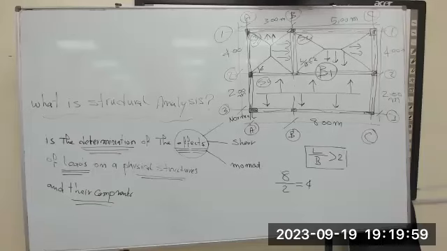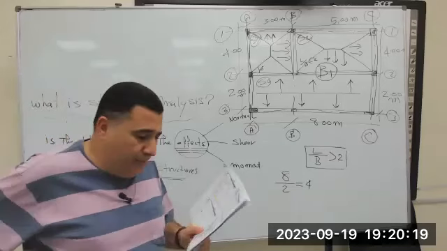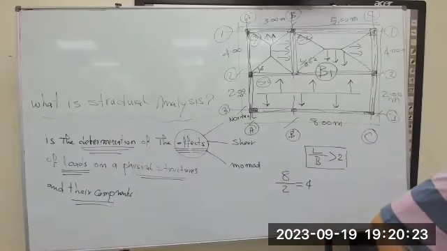Consider the following frame and the load for this design is what? Is what? Slab and strip, beam, column, footing, soil.